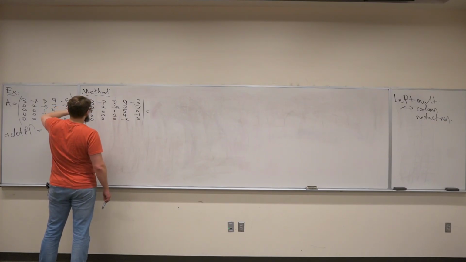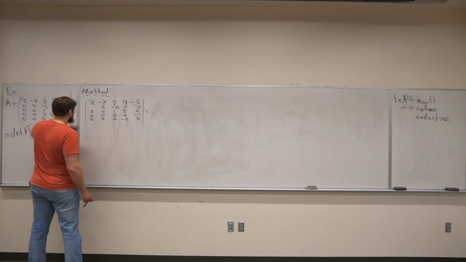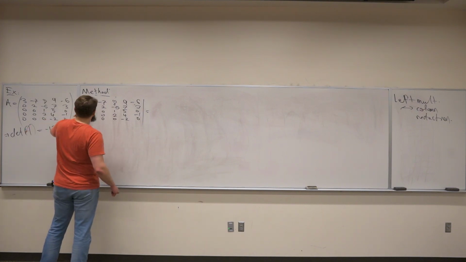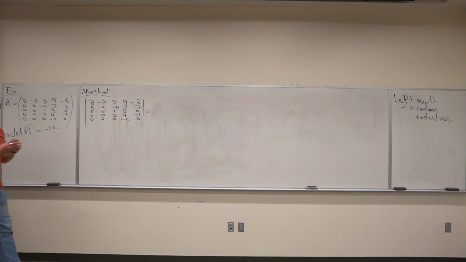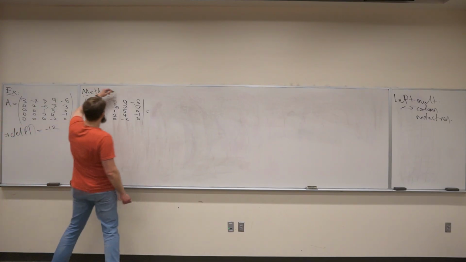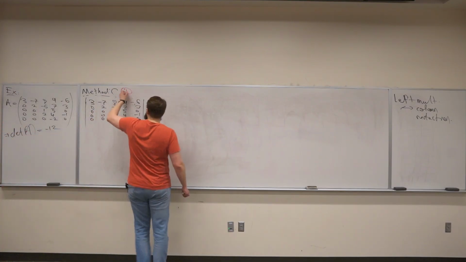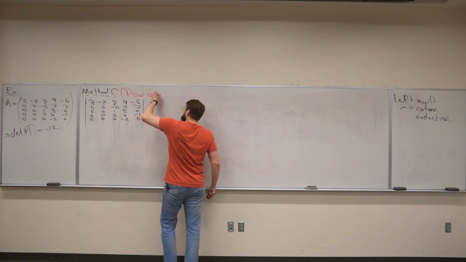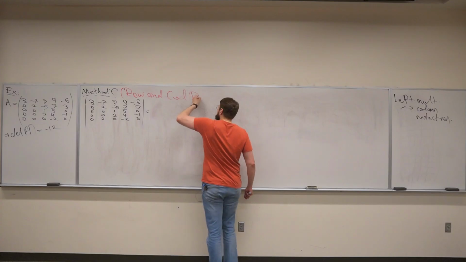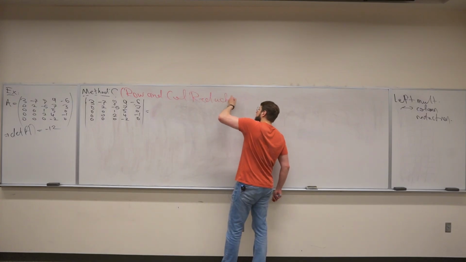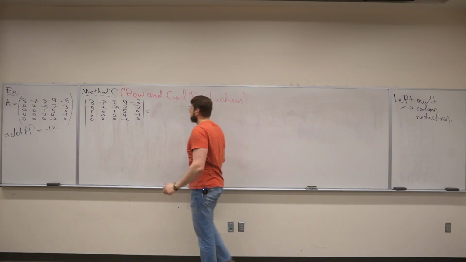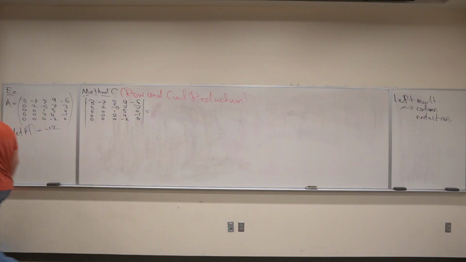Okay. So method C, column and row reduction, or row and column reduction.